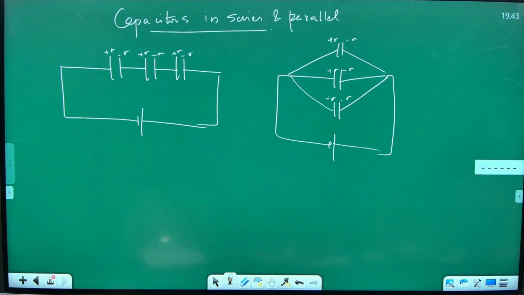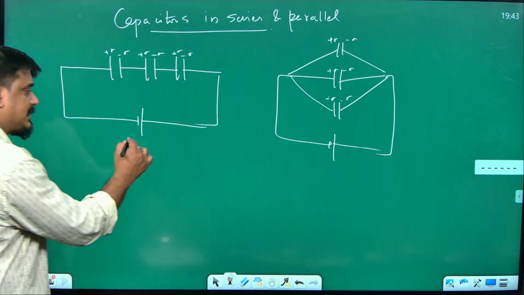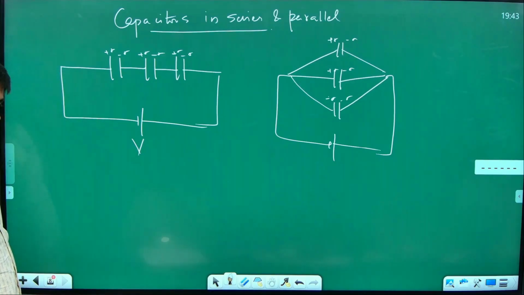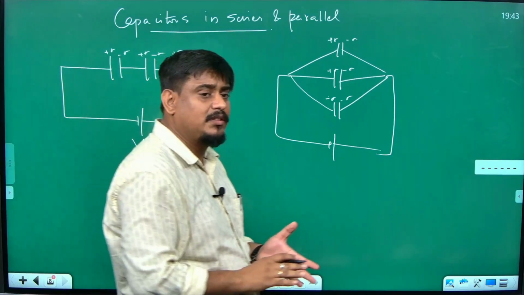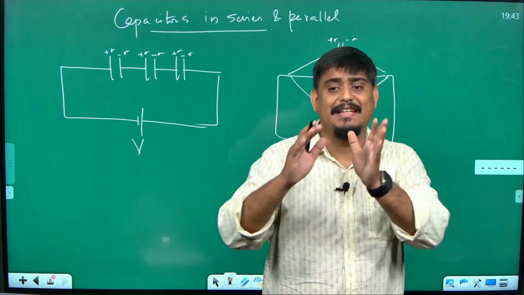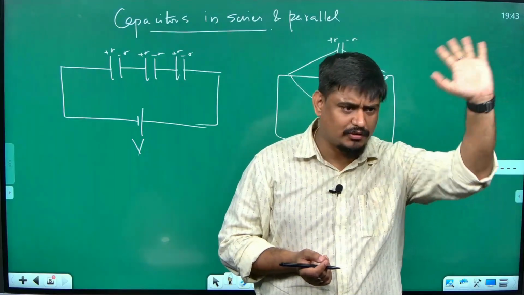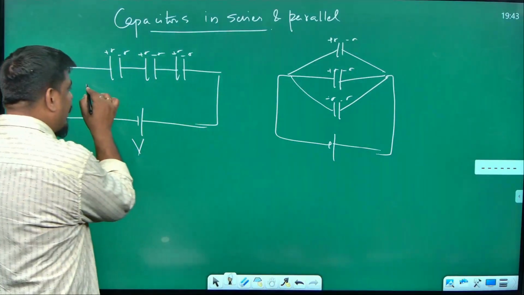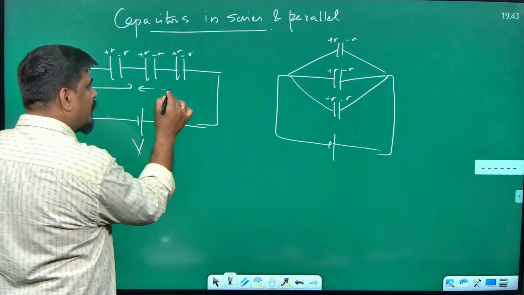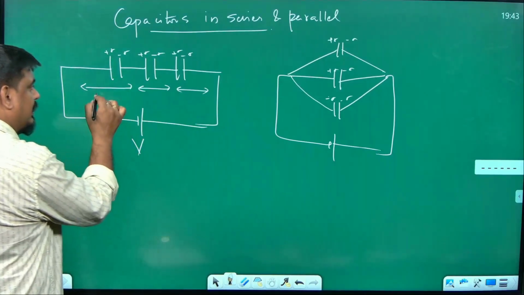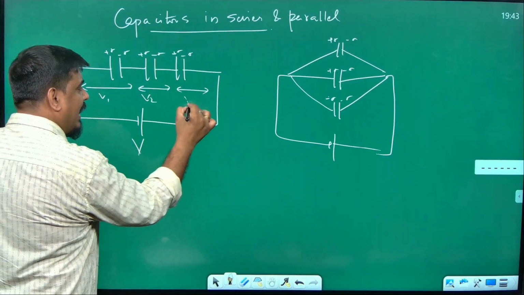Now listen to what I am saying. This comes from 10th standard: in series connection, potential always gets divided. The same thing happened in 10th with resistance. So here we will have some potential, here some potential, and here some potential: V1, V2 and V3.